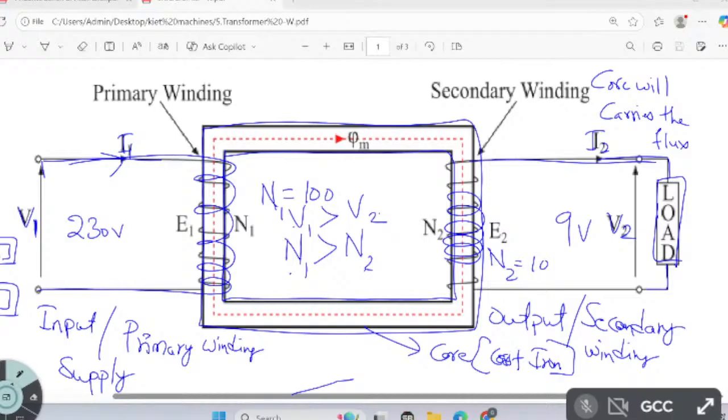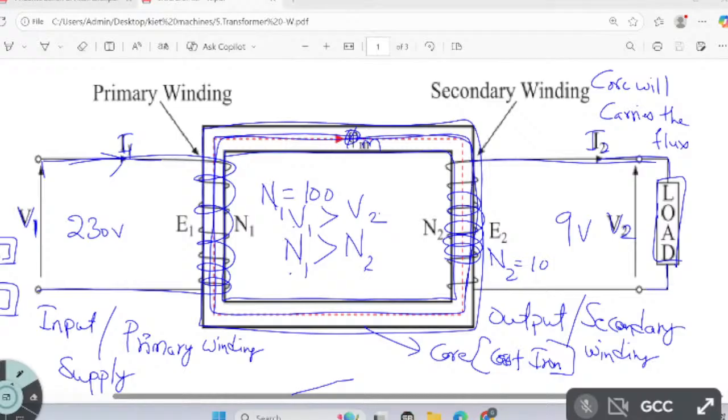In this core, the magnetic field is available. This magnetic field, that is nothing but flux, rotates in the clockwise direction in the core like this.